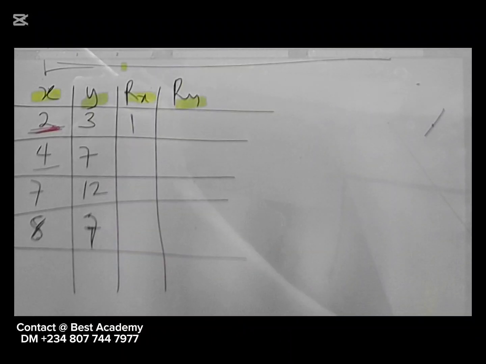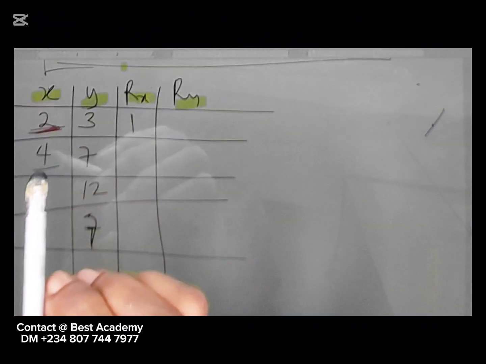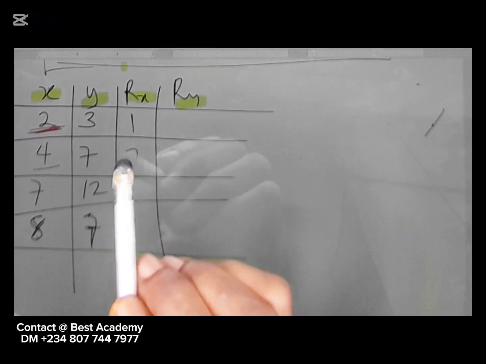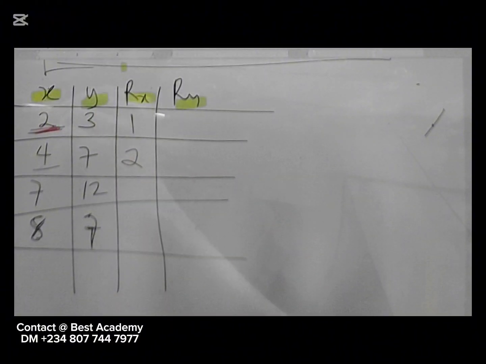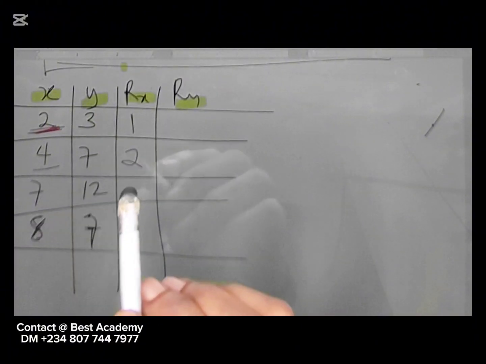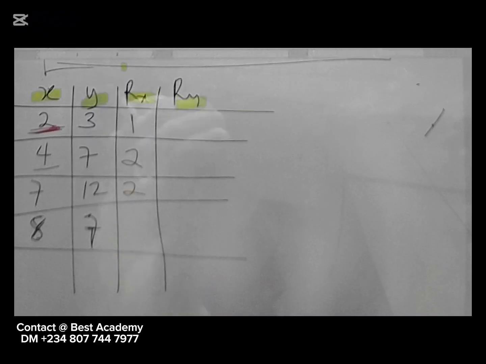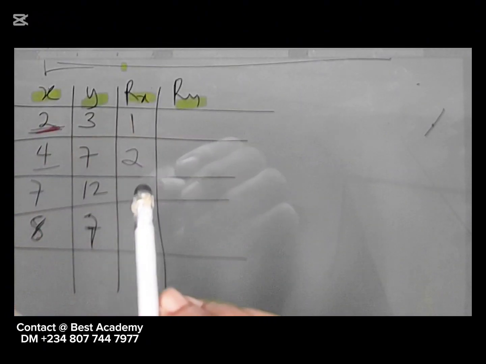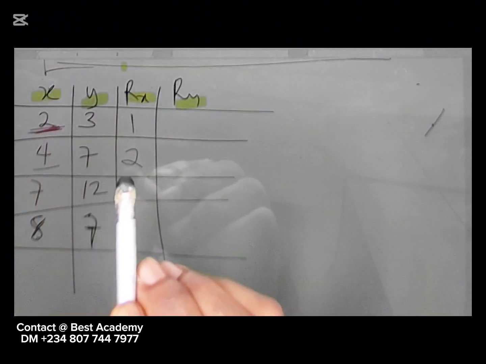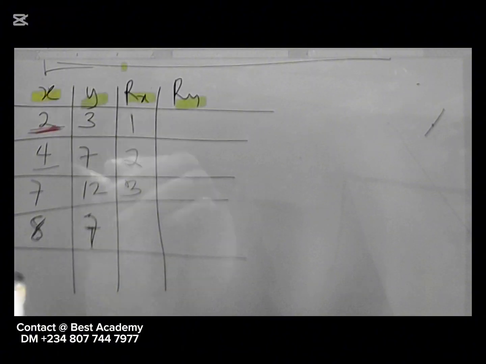Now we don't have any number lesser than 4, so I will give this one second, or 2. Now we don't have any value lesser than 7. I will give this one 3. Sorry for that. And the next one is 4. Please take note.